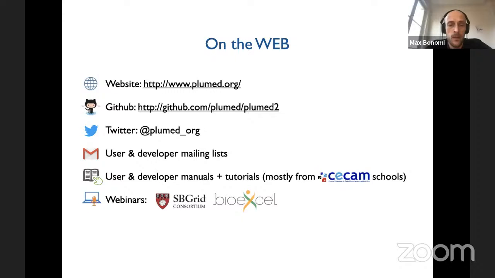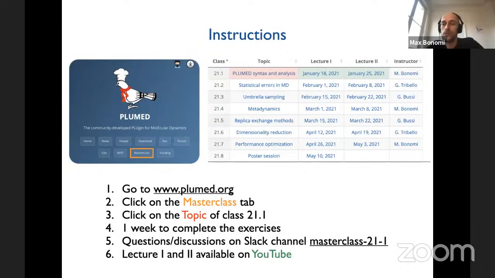So as far as today is concerned, what we will do now is have a look at the exercises for this first class, and we will look at the exercises together. To do this, we will go to the Plumed website, plumed.org.